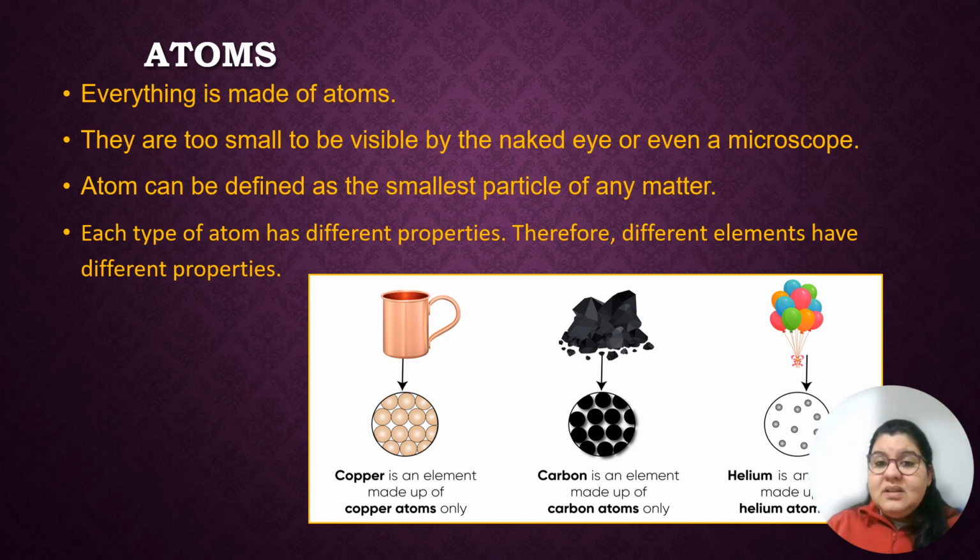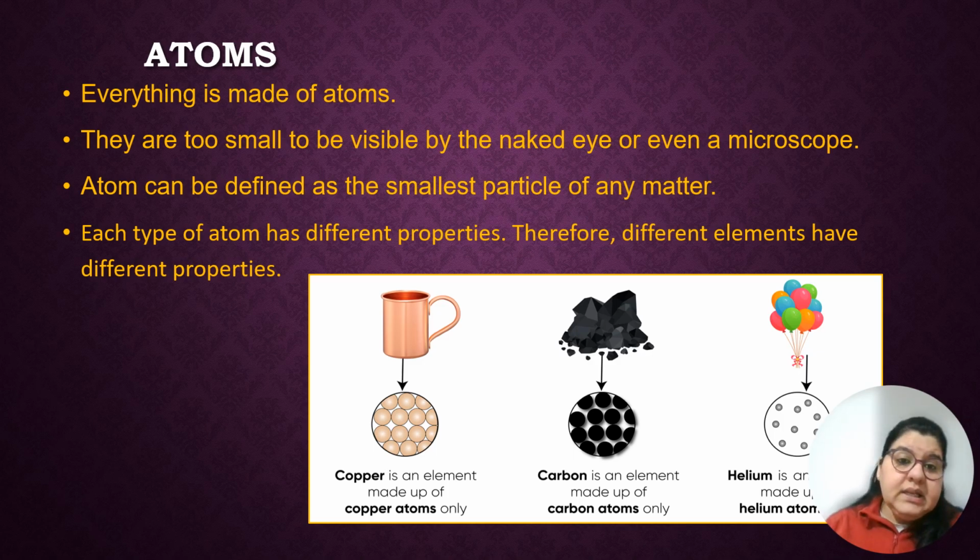Can you imagine if people were the size of an atom? The entire population of the world would fit into a box many times smaller than a millimeter across. Can you imagine? Atoms are so tiny. Hence, we can define an atom as the smallest particle of any matter.